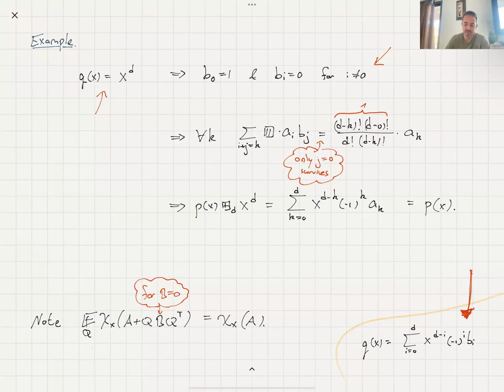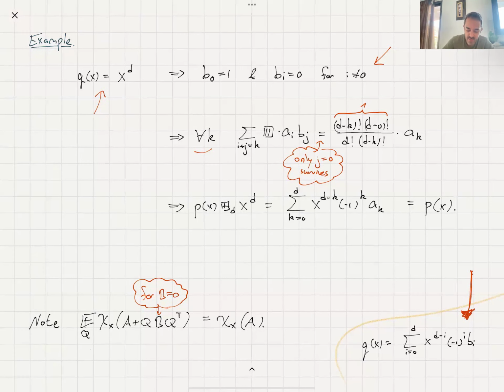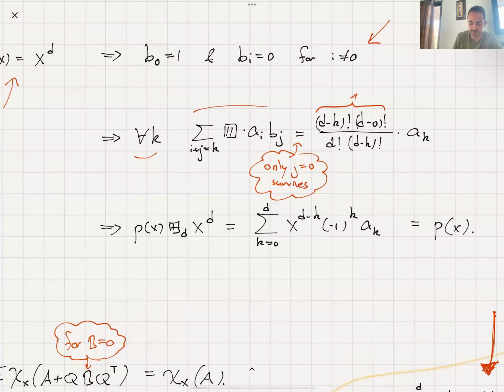So what does it mean? It means that for every k, if you are trying to figure out what c_k is, then c_k was a sum where you summed over all i and j whose sum is k. And then you had this weird coefficient, which let's not get into for the moment. And then you had a_i times b_j.